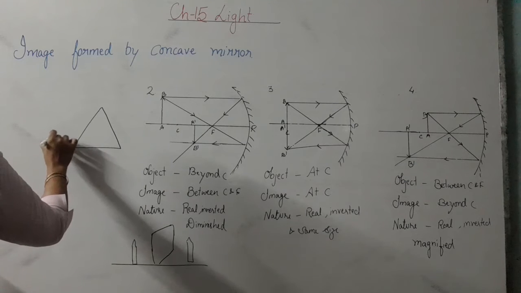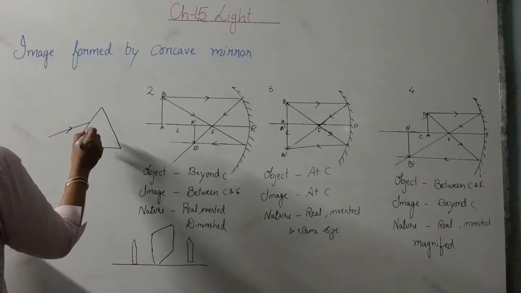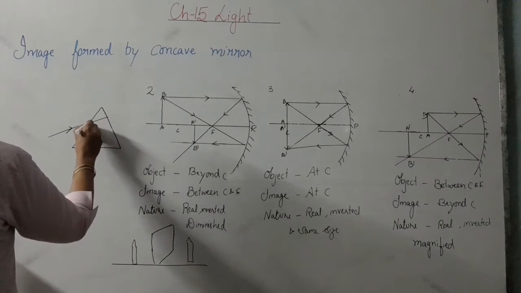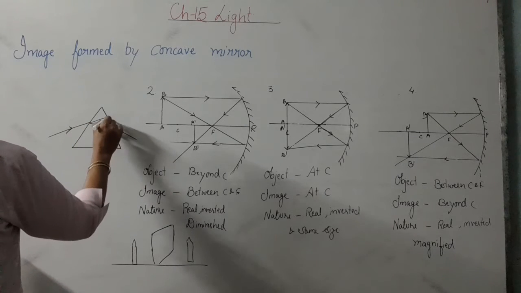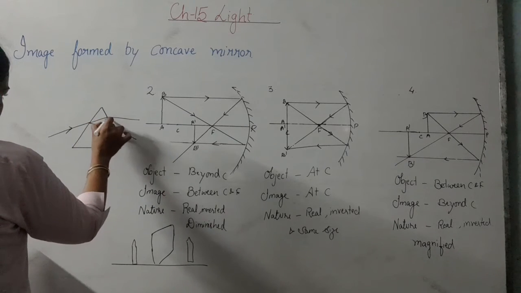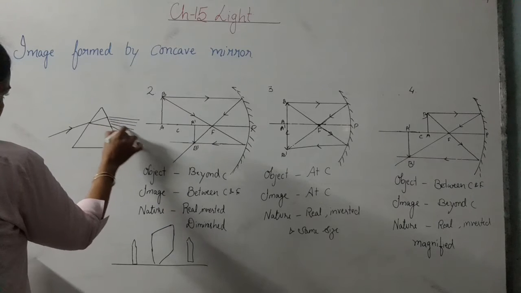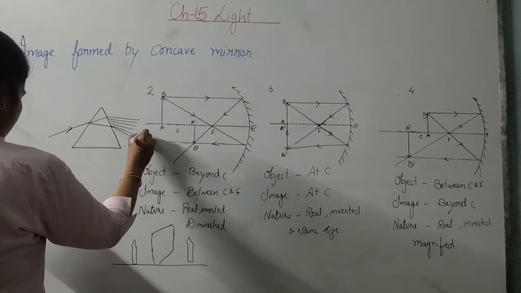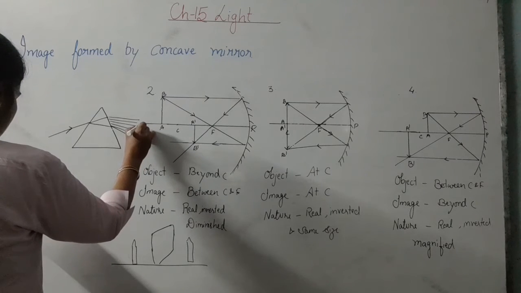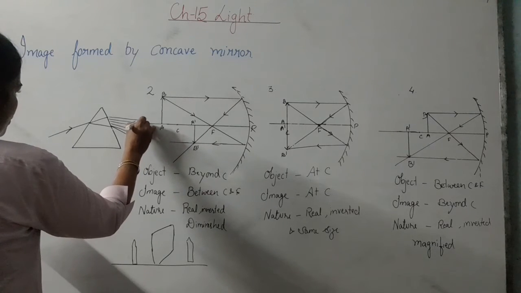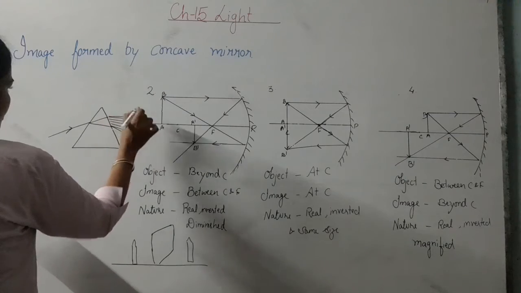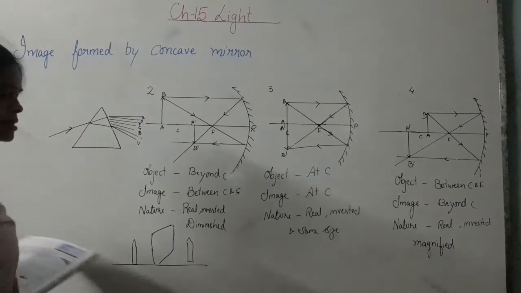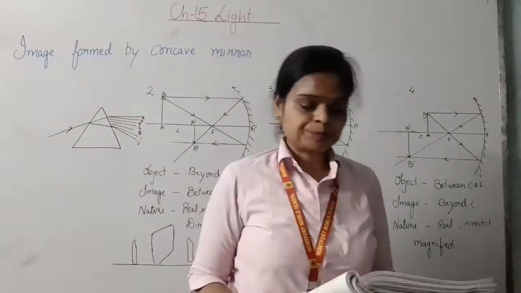When the white light is incident on it, it splits into 7 colors. So V, I, B, G, Y, O, R. This is the diagram which you have to draw.